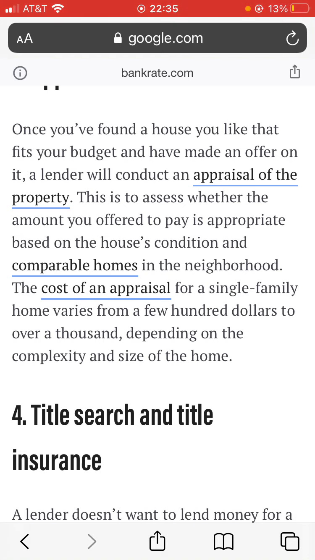So if you have a $100,000 home, the bank will lend you $80,000, and you have to come up with 20% or $20,000. This doesn't include closing costs, but just to make everything simple, let's say closing costs, down payment, everything is all in that $20,000, and the bank lends you the $80,000.